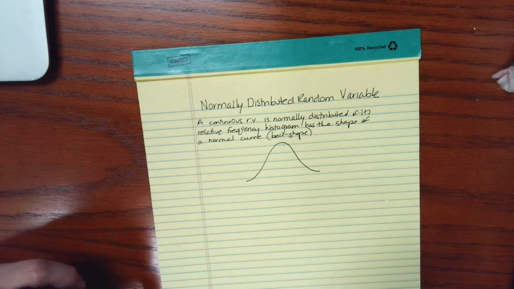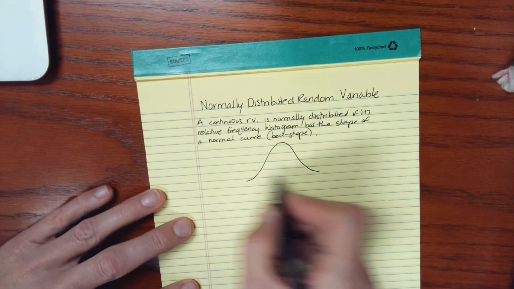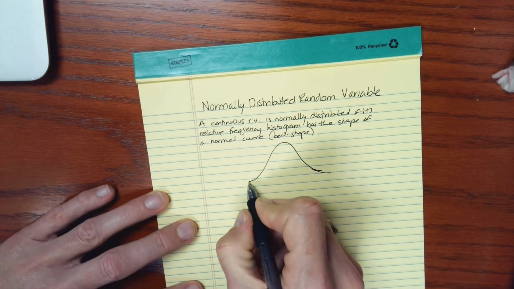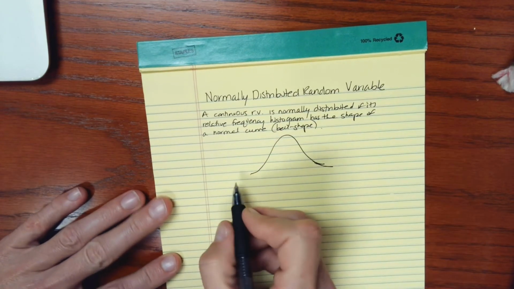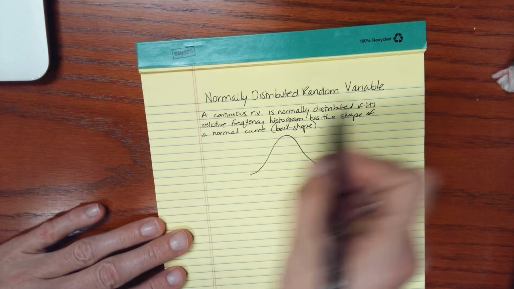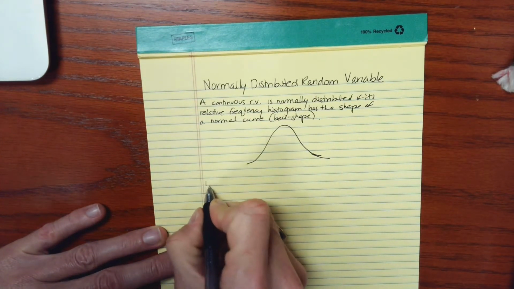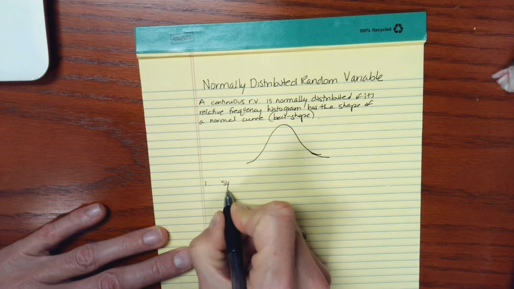All right, so what are the characteristic properties that we should know about any random variable that's normally distributed? One thing I'd have you notice is that this is a symmetric distribution.